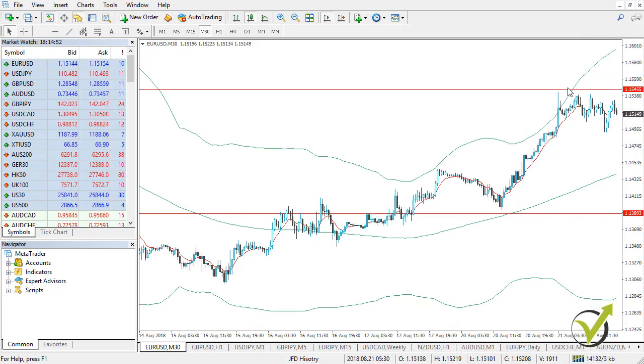So if you have your entry here and you're planning to place your stop loss over here because of recent lows and highs or support and resistance or anything else, it doesn't matter whether it is this strategy, this system or something else, the important thing is that you need to calculate the lots that you can afford to trade according to this stop loss distance and according to your money management.